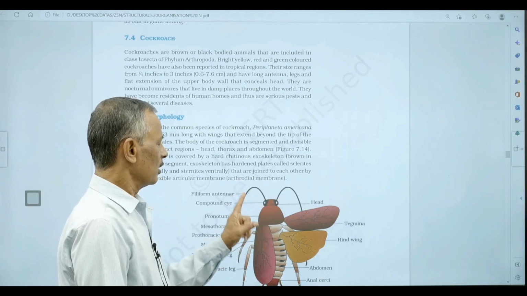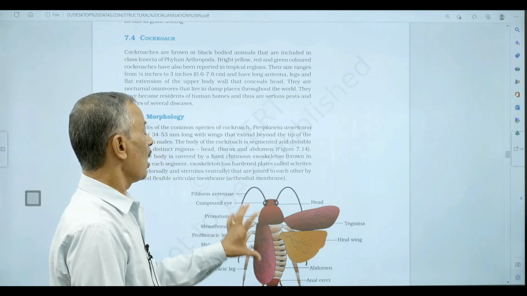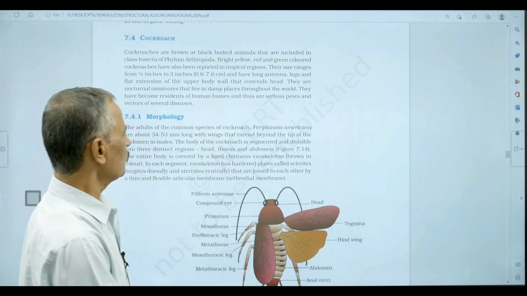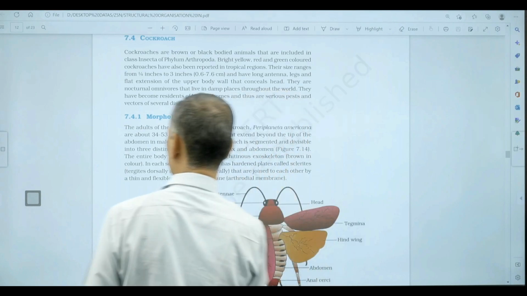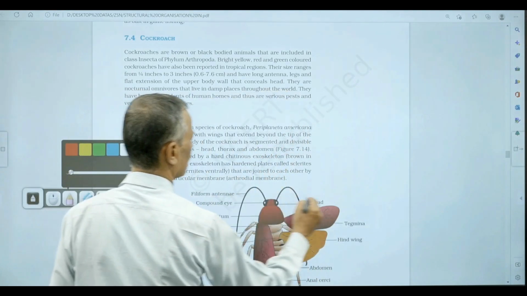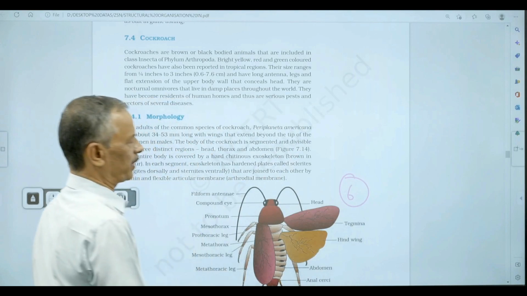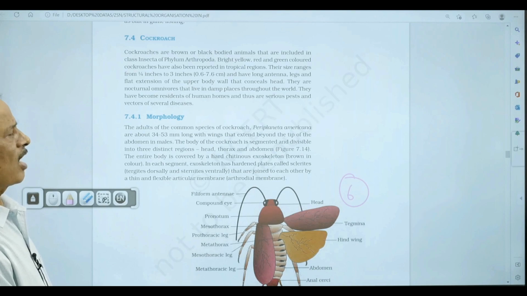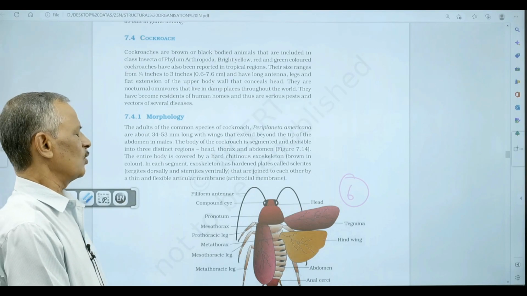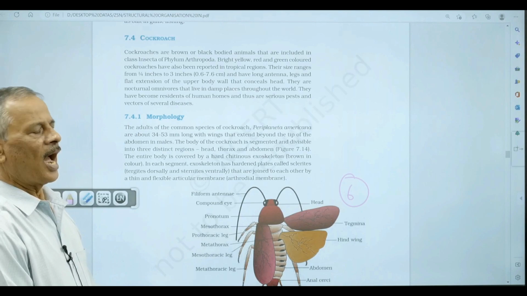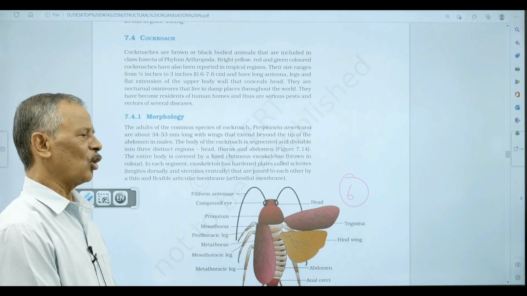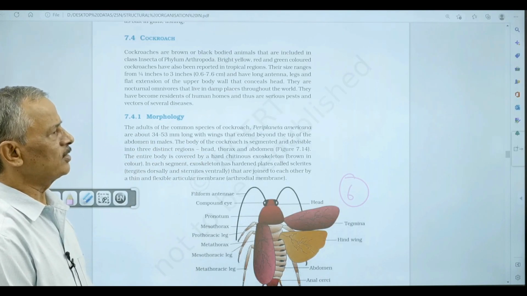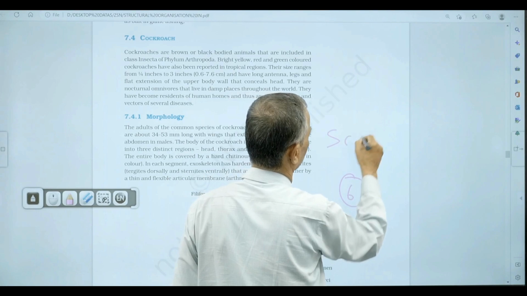And each of these parts is again divided into a fixed number of segments. Actually, the head is made up of 6 segments, but you cannot see them separately because they are all completely fused. And they are covered by a chitinous exoskeletal plate, and that exoskeletal plate is also divided into pieces. Chitinous exoskeletal plate is called sclerite.